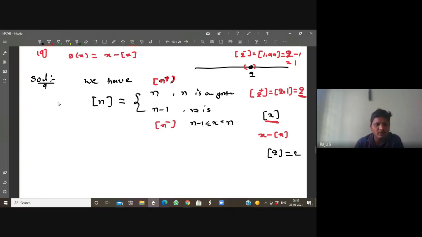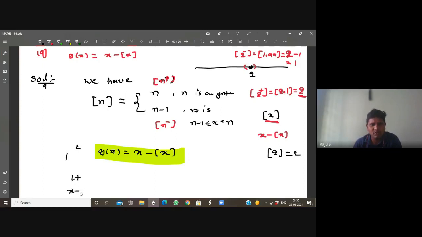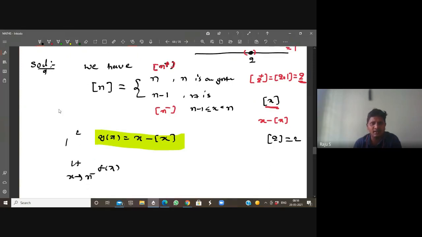Like that. So I am going to write here very clearly the limits, just to find g of x, whose value is x minus the greatest integer of x. Simple. Now you can find that limit as x tends to n minus of f of x. n is any integer.